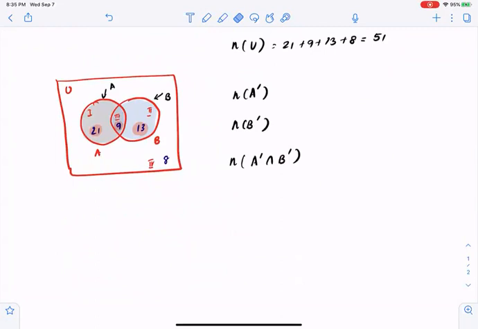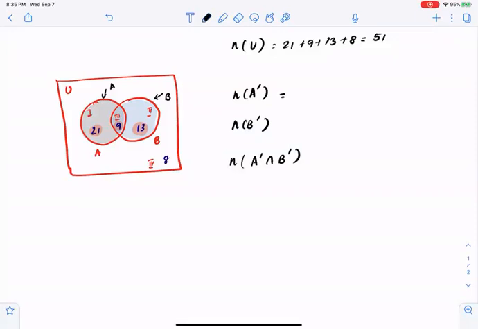So A complement would contain elements that are not unique to the set A. Anything that is in A cannot be part of a complement. So, well, let's look at that picture.